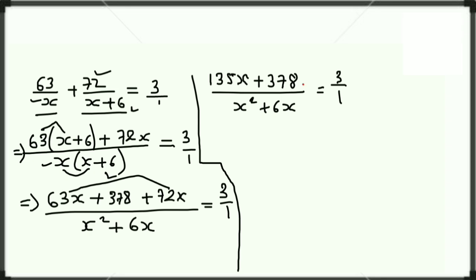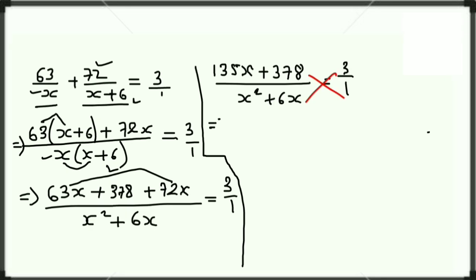Now, after doing cross multiplication, we obtain 3x square plus 18x equal to 135x plus 378 as it is.